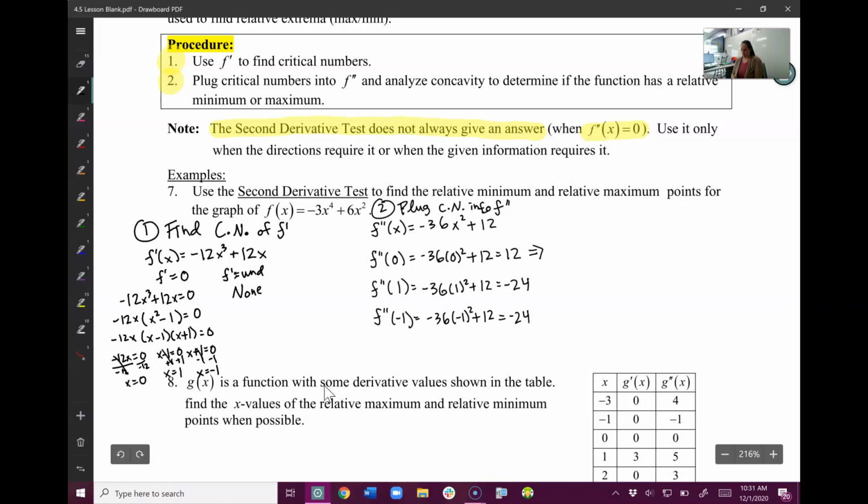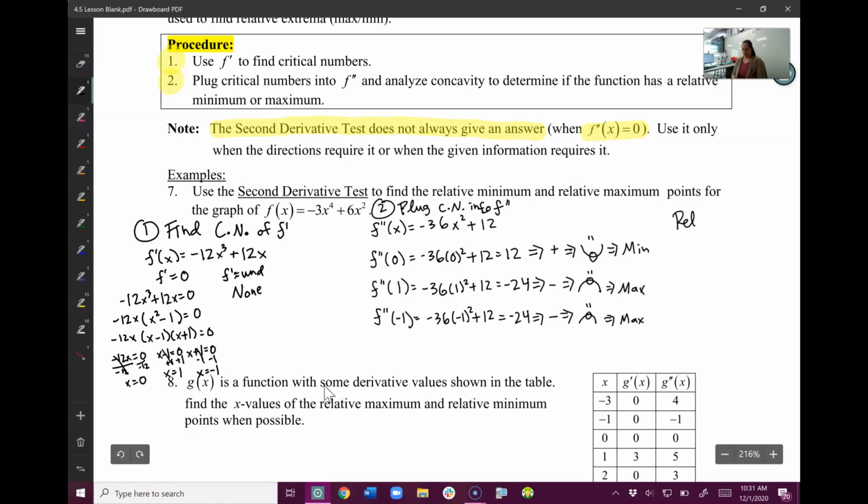This 12 is positive, which means that is concave up, a smiley face, which means that is a minimum. These 24s are both negative, so concave down, frowny face, which means these are both maximums.